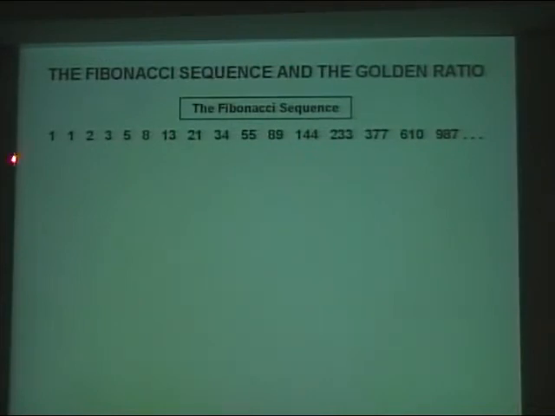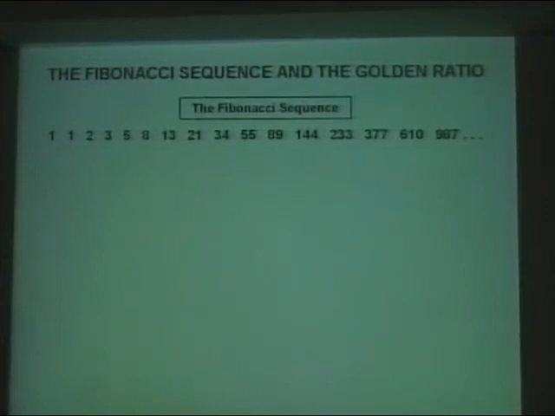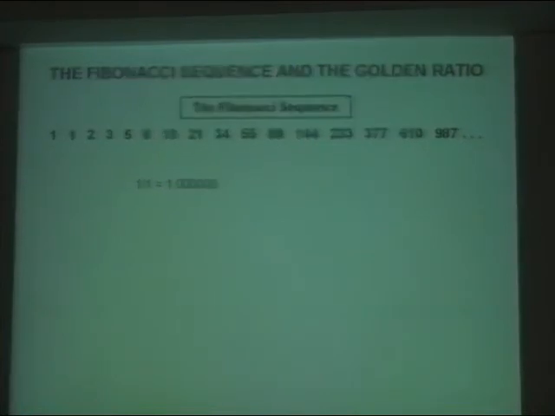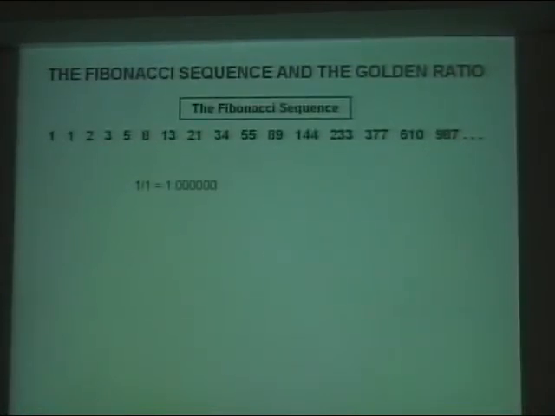But more important, instead of adding numbers together, suppose we divide a number by the preceding number. If we divide 1 by 1, what will we get? 1. You remember that from division, don't you? And then if we divide 2 by 1, we get 2.